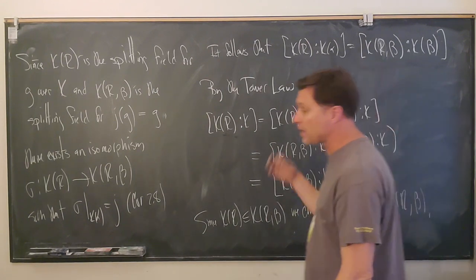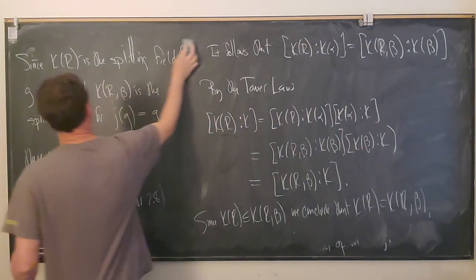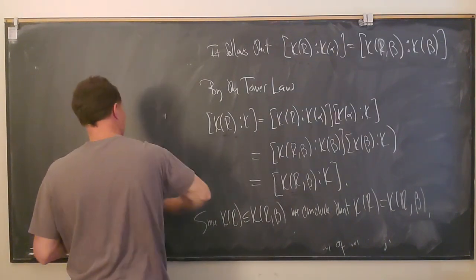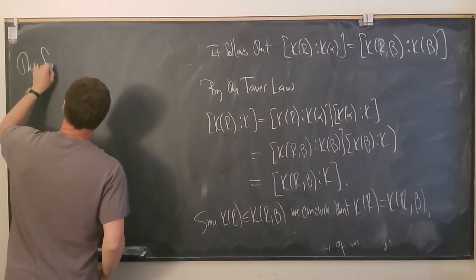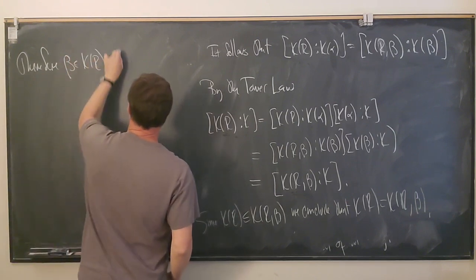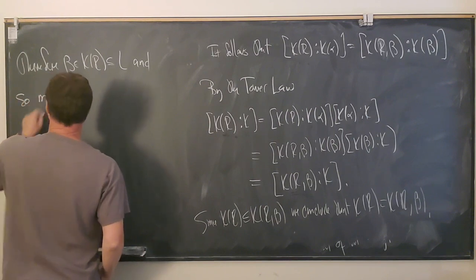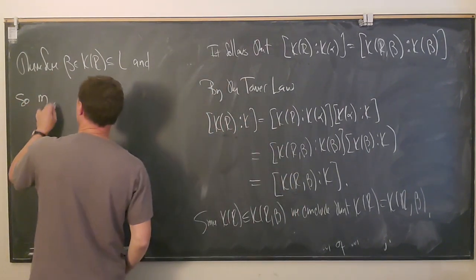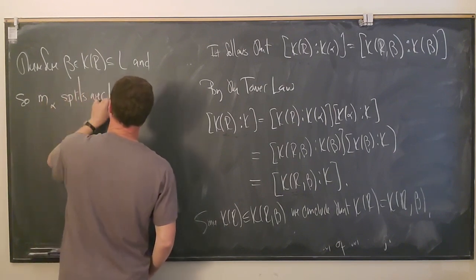In particular, then, beta has to live in K adjoin R. So we can finish this off with one sentence or so. So therefore, beta is an element of K adjoin R, which is contained in L, and so all the roots of M sub alpha live in L, so M sub alpha splits over L.